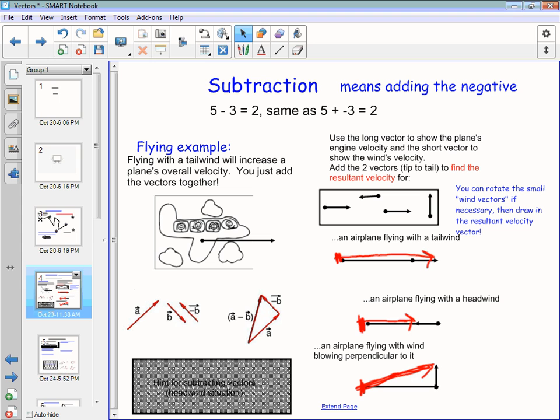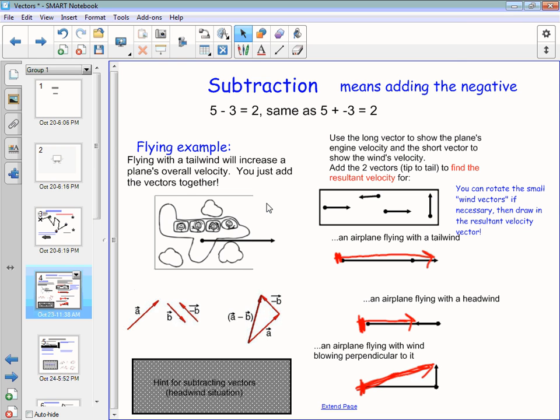So if I said actual numbers, let's say the engine velocity were 500 meters per second. Okay, that's really fast. That's preposterously fast. That's faster than the speed of sound. So let's say 100 meters per second. The wind velocity is 20 meters per second. Okay? If I say 100 plus 20, that's my first scenario that was drawn.